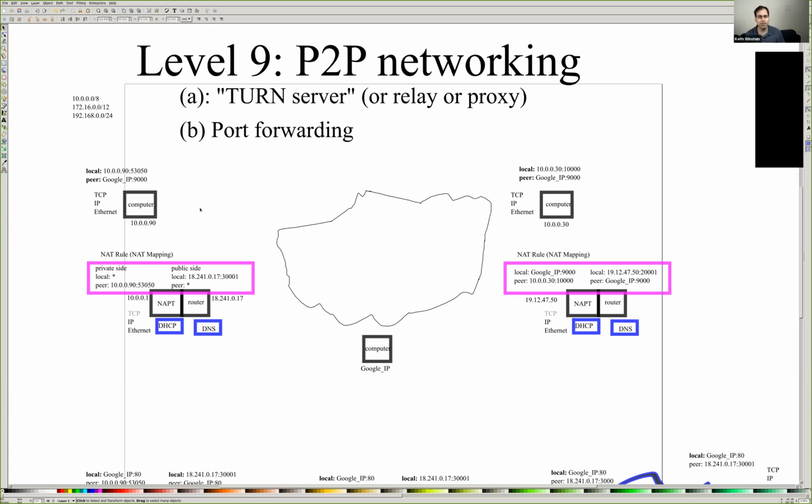Who has to open the connection first? The computer on the right has to open the connection first, but the computer on the right can open a connection all the way to here, and we don't need Google anymore. So let's talk about what the mapping looks like on the right now.